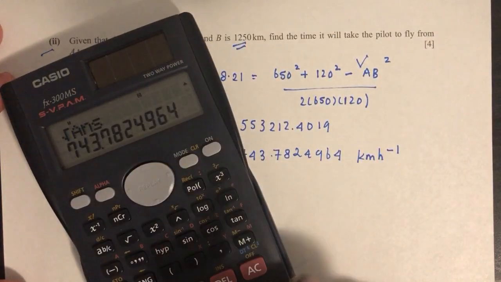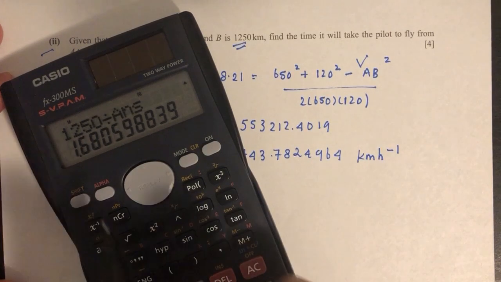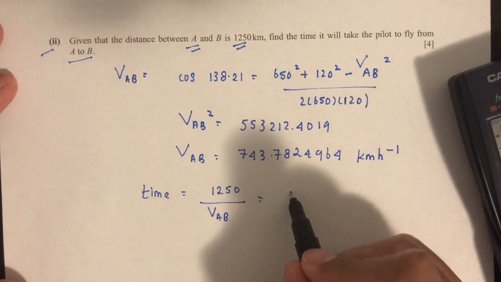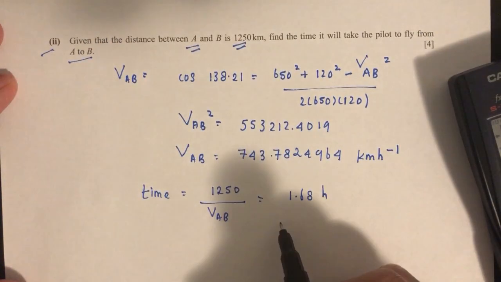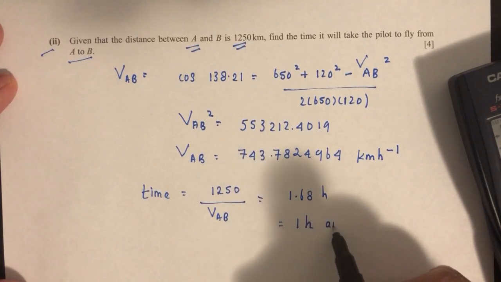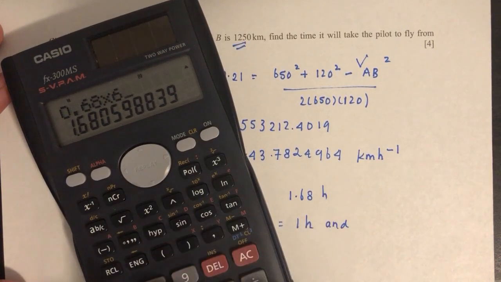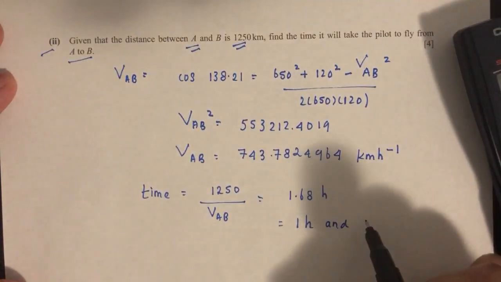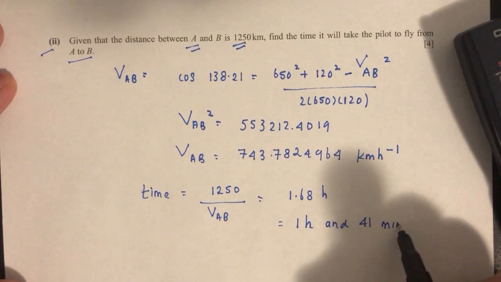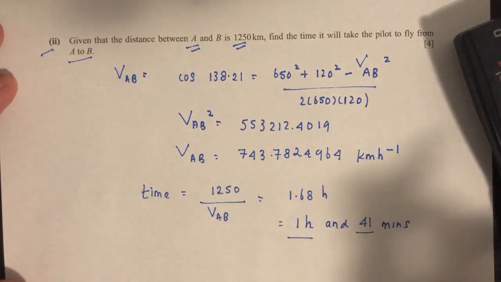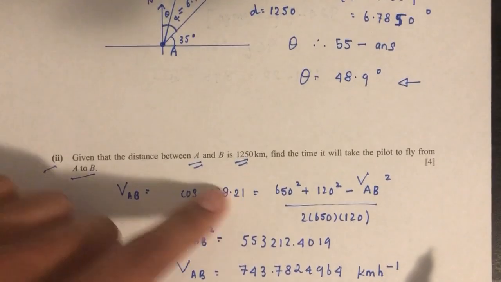So let's do that. That will be 1.68 hours, which is 1 hour and 0.68 times 60, let's say 41 minutes. This will be the time taken to travel this distance.